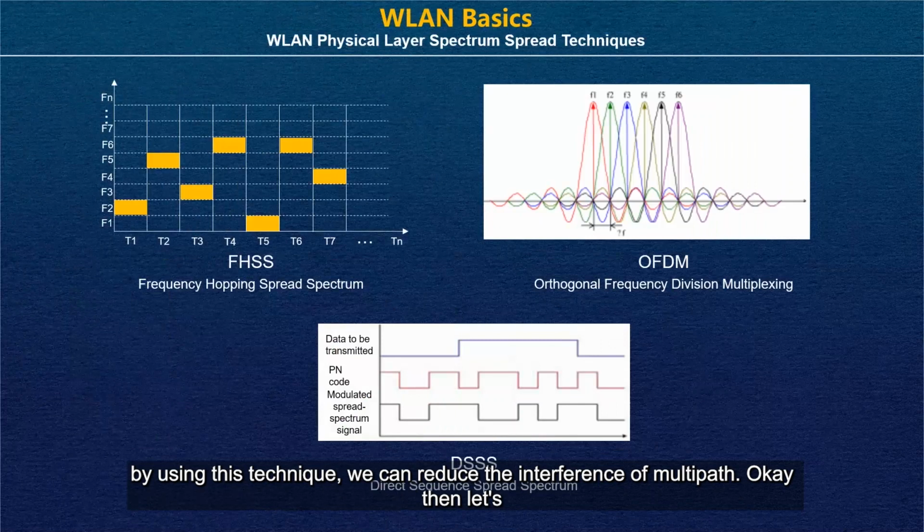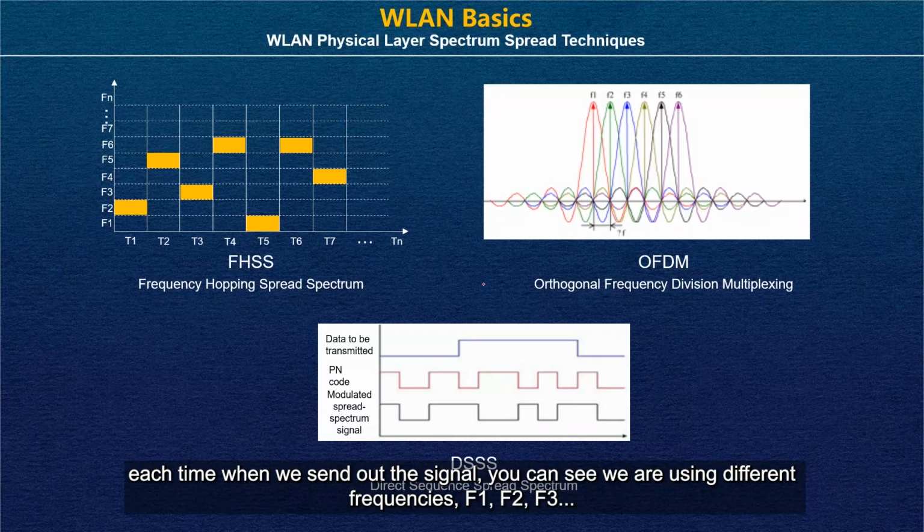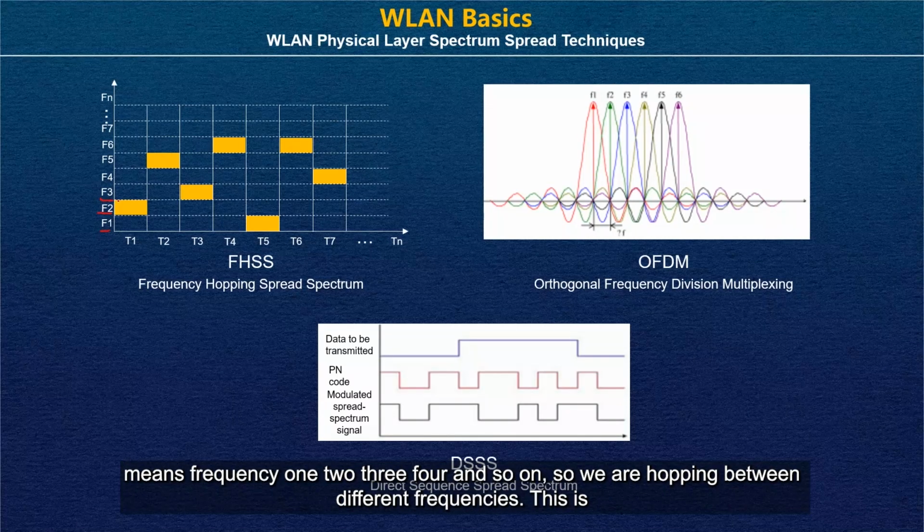Okay, then let's see. Here are some figures showing us the working principle of different techniques. First is FHSS. Each time when we send out the signal, you can see we are using different frequencies. F1, F2, F3 means frequency 1, 2, 3, and so on. So we are hopping between different frequencies.